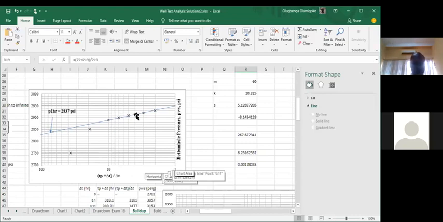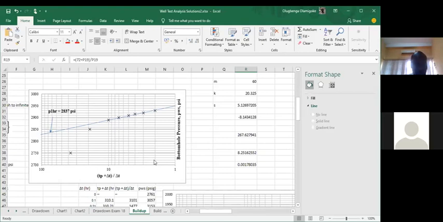What I'm explaining here holds whether it is drawdown or buildup. Now, to get the slope, remember that the unit for the slope is log per cycle. So you need to take one cycle, either 1 and 10 or 10 and 100.